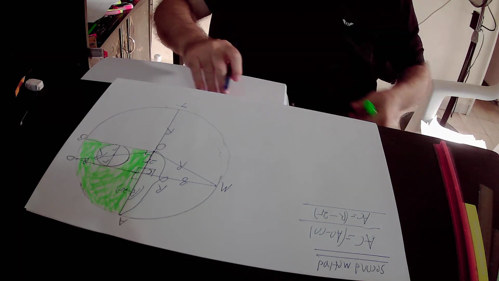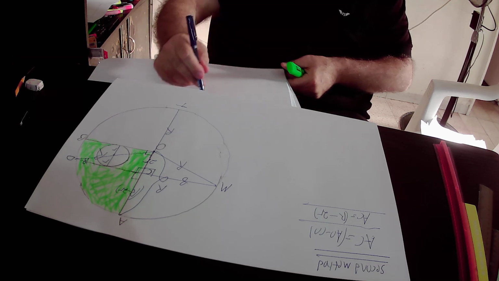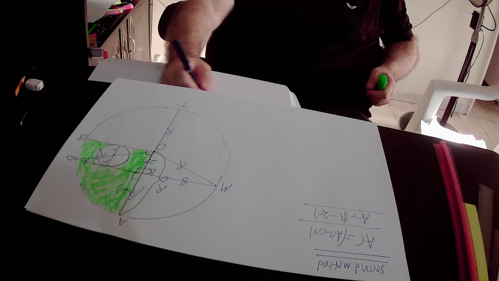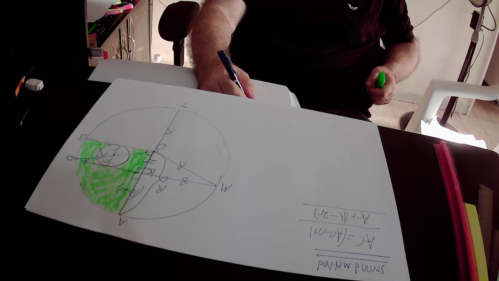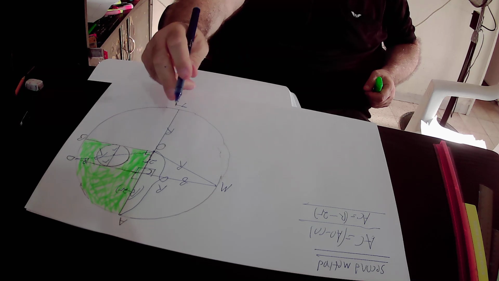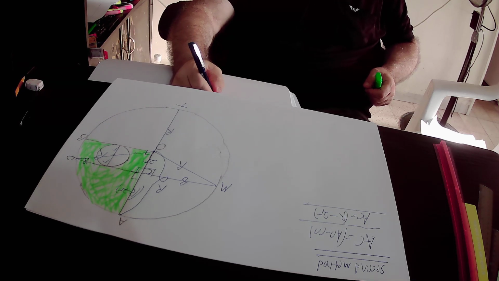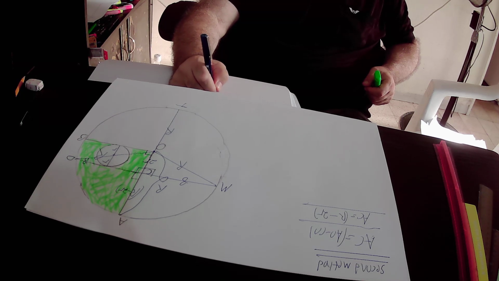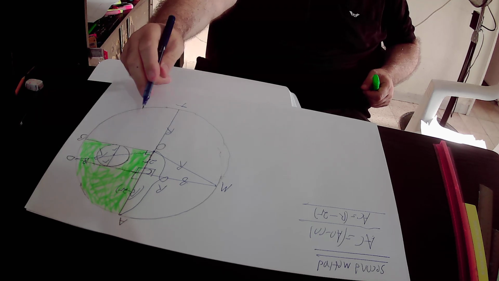The area of the green shape equals the area of the quarter circle minus the area of the small circle.